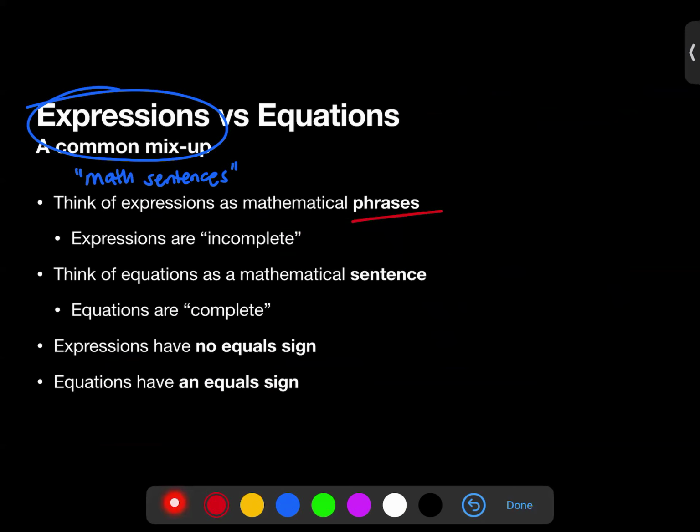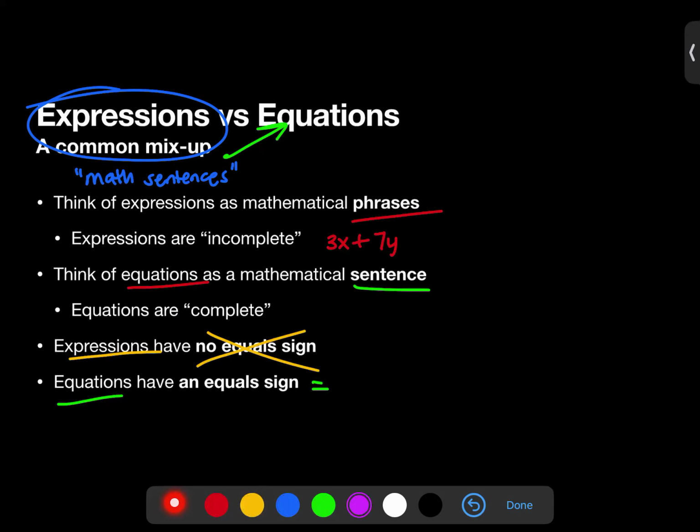Expressions are incomplete. An expression could be 3x plus 7y. But think of equations as a mathematical sentence. Mathematical sentences are complete, right? A sentence has a subject and a verb and punctuation, so period or exclamation mark. So equations are complete. And what that means is that equations have equal signs and expressions do not.